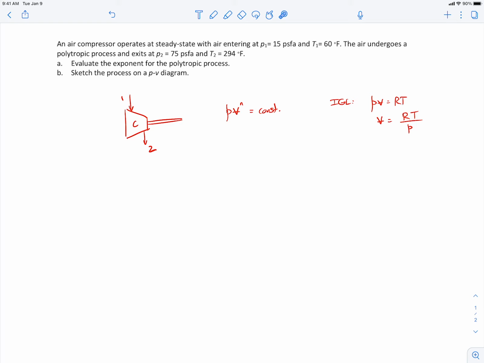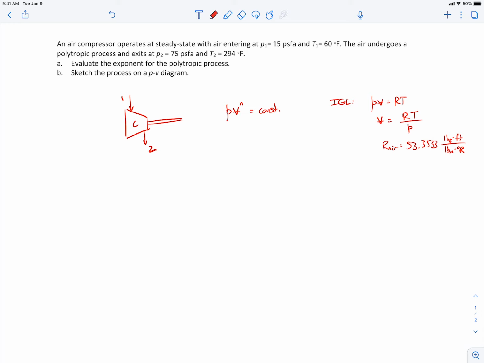And this gas constant for air, we can look that up in a table. Just so you have it, the gas constant for air in English units is 53.35 pounds force feet per pounds mass degrees Rankine. So an unusual set of units, but it's just because it's the English system.